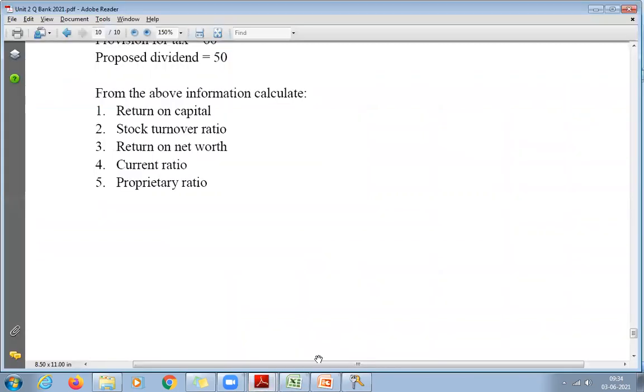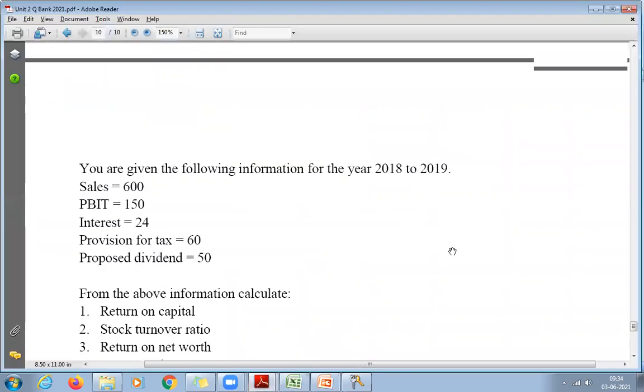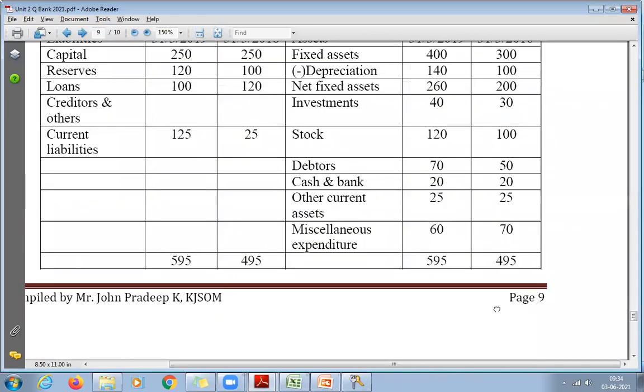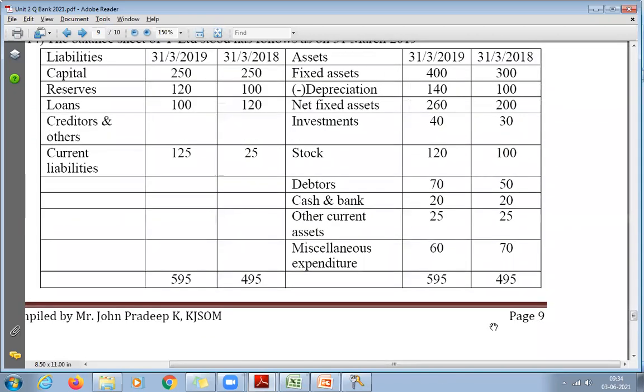How much is total assets in this question? 595. That is the total assets. From this you have to minus the fictitious assets, that is 60, and any intangible assets he has given, like goodwill, brand name, or copyright.